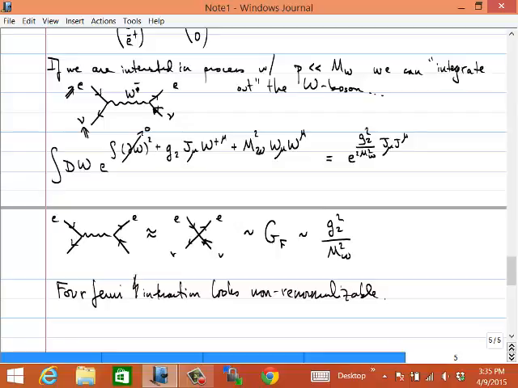But if you look at the effective theory that comes from after you integrate out the W boson, the 4 Fermi interaction is non-normalizable. That means it's negligible at low energies, right? And so all that means is that this process is going to be very hard to see at low energies. I mean, that makes perfect sense. At energies far below the mass of the W boson, it's going to be very difficult to measure the exchange of a W boson.